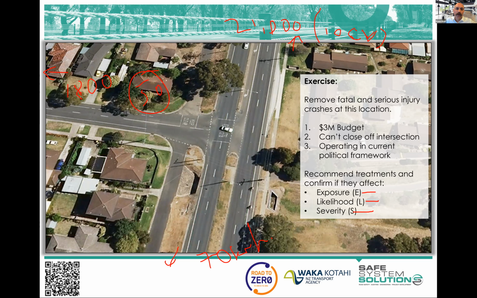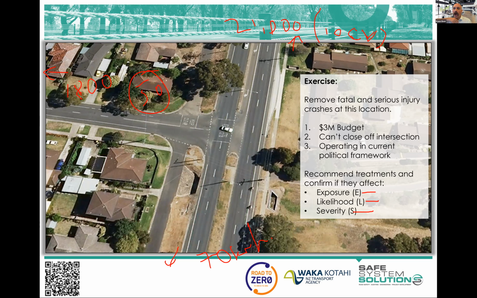So to get a full-size roundabout, this is a B double route. That full-size roundabout is beyond your budget. If you want a price for something, just write cost, please.